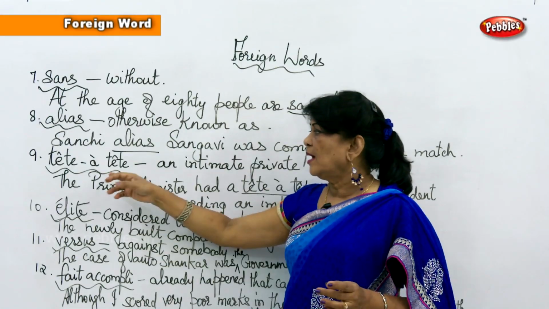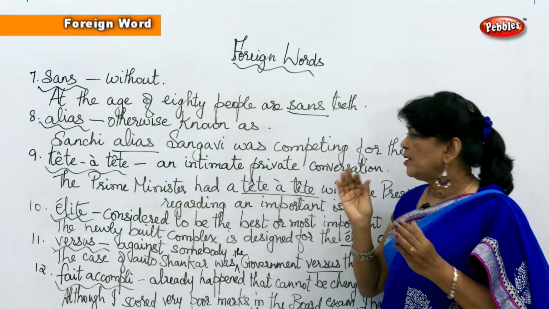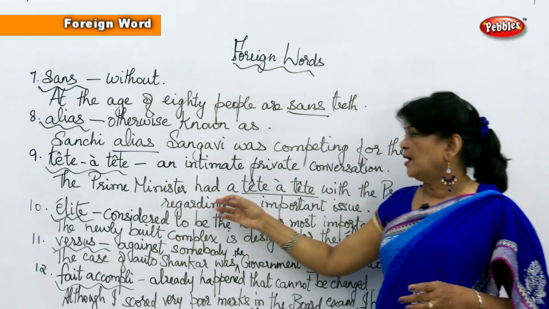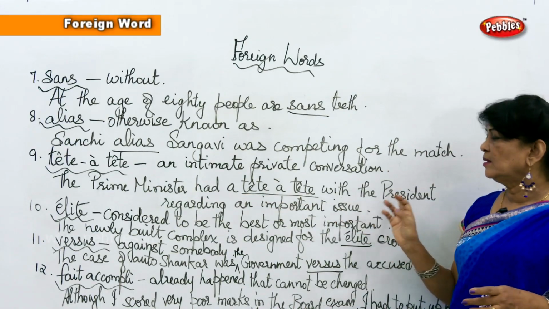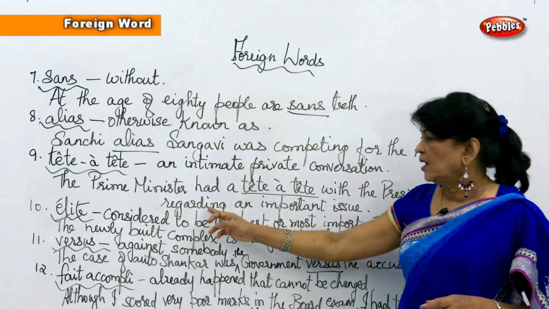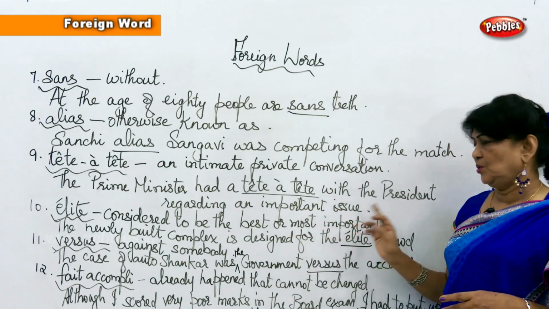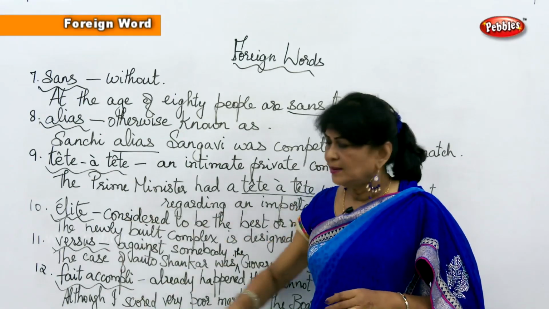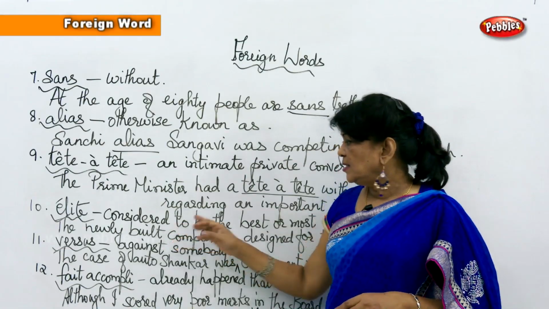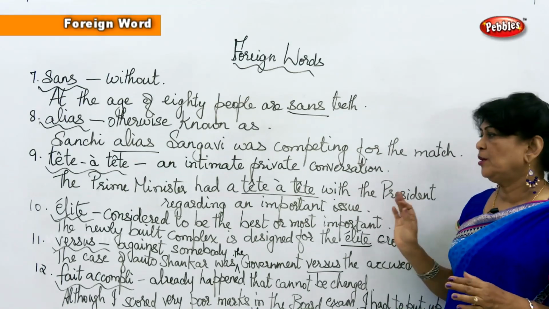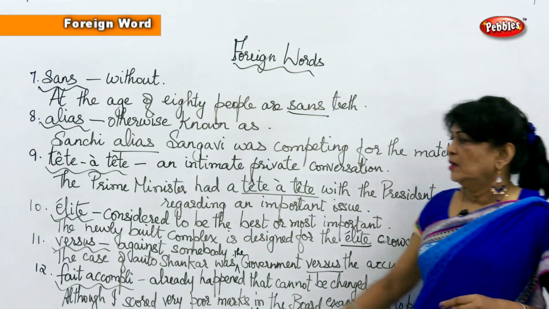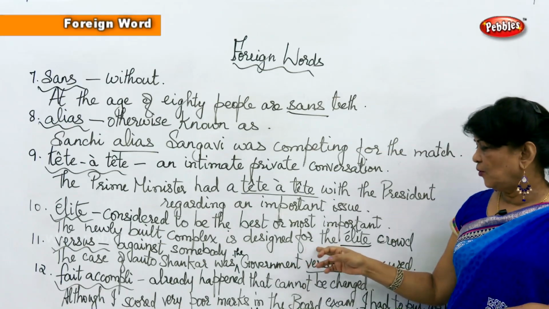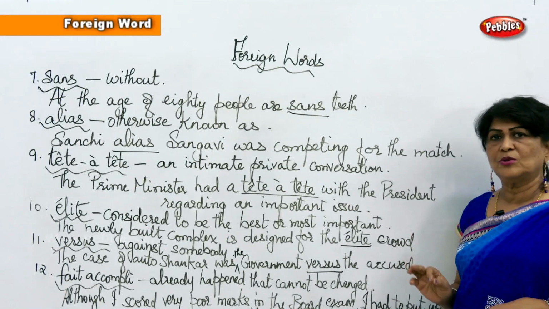Next one, tete-a-tete, an intimate private conversation. The Prime Minister had a tete-a-tete with the President regarding an important issue. Okay. Next one, elite, considered to be the best or most important. The newly built complex is designed for the elite crowd.